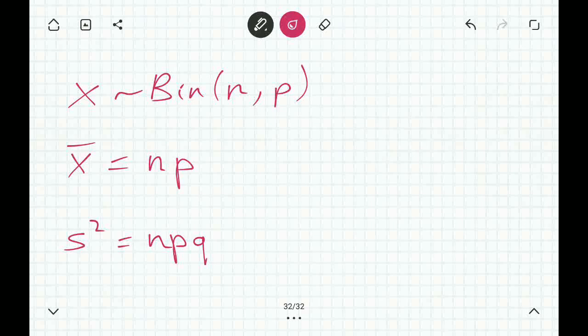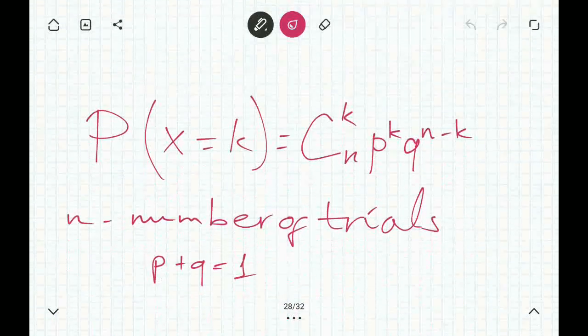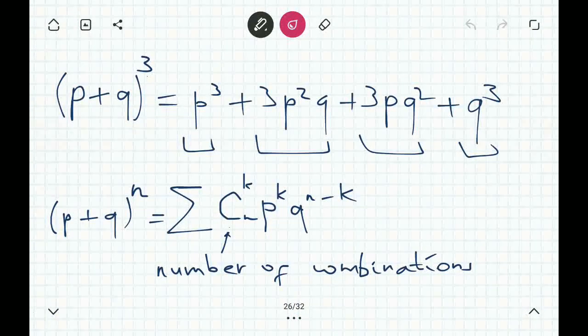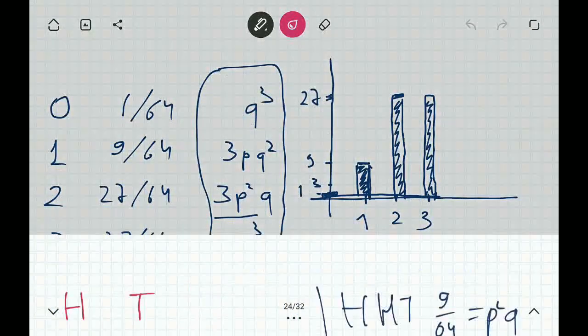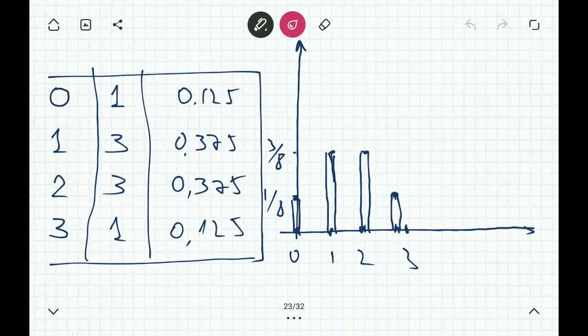So going back to our example with the fair coin, n is 3, p is 0.5, so my mean value should be 3 times 0.5, and that's just 1.5. And if we look at the graph, it's right here in the center.